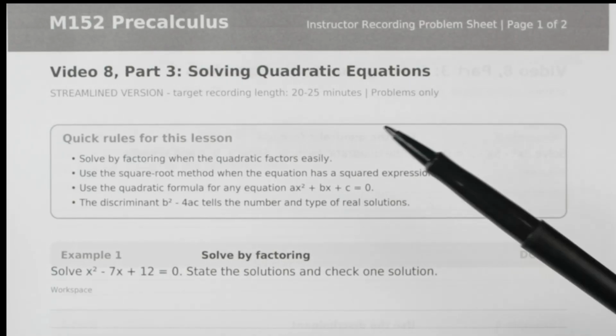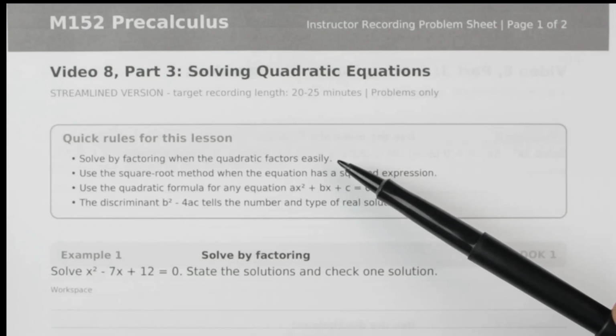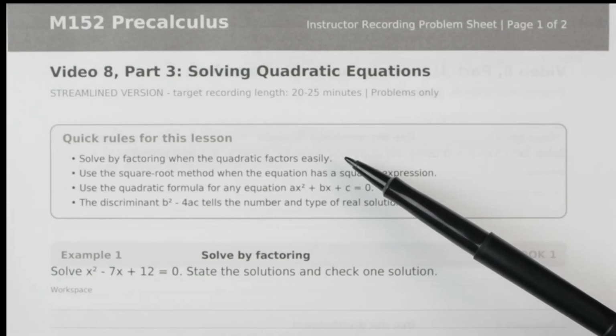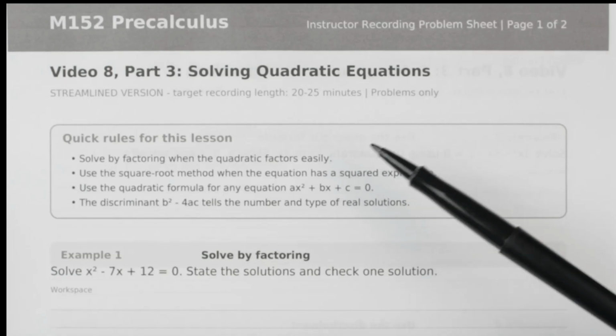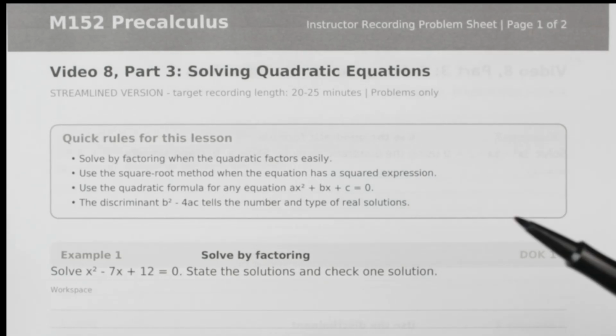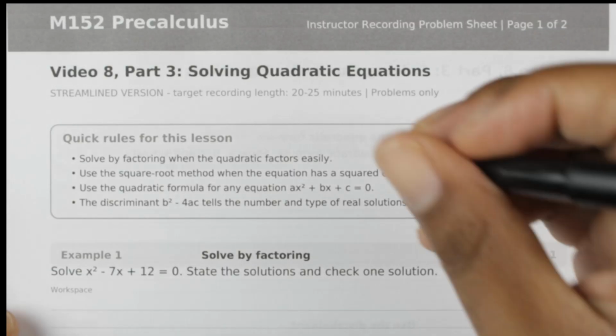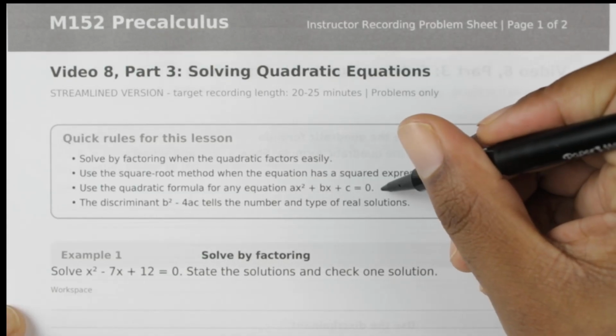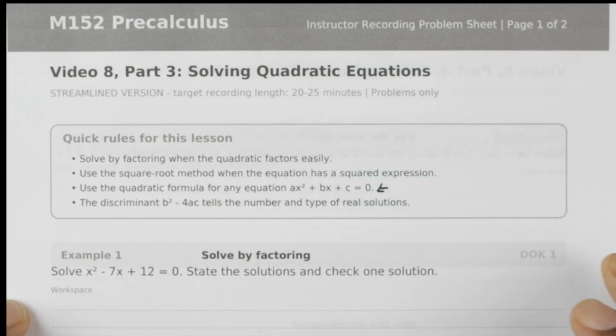First of all, we're going to solve by factoring when the quadratic factors easily. That's very important. We're also going to use the quadratic formula for any equation. If you recall, the quadratic formula is here: ax squared plus bx plus c equals 0.